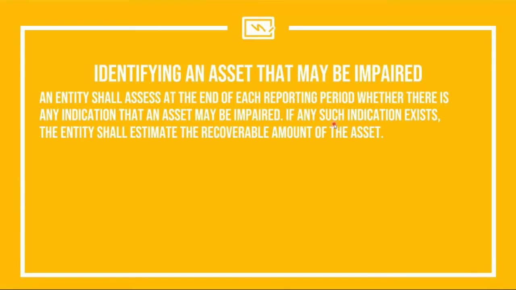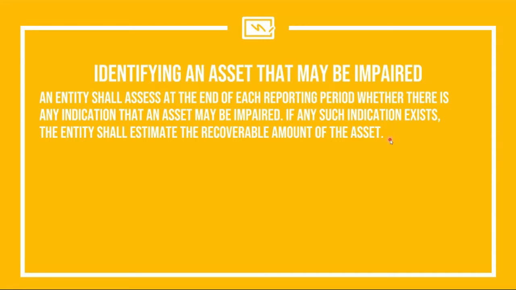How do we identify if an asset is impaired? First and foremost, according to the standard, the entity has the responsibility to assess at the end of each reporting period whether there is any indication that an asset may be impaired. If any such indication exists, the entity shall estimate the recoverable amount of the asset based on the provisions of the standard.